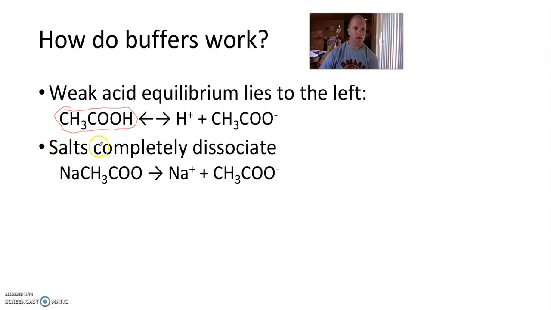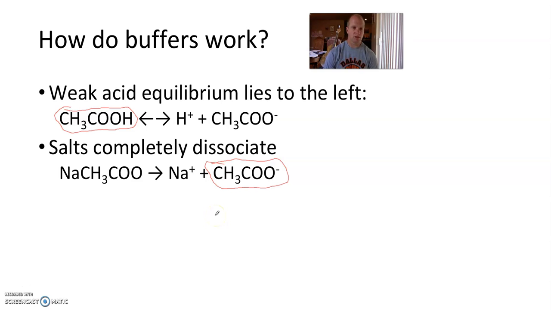And if we put its salt in with its conjugate base, it's totally soluble. So we're also going to have lots of conjugate base to react with any kind of acid.